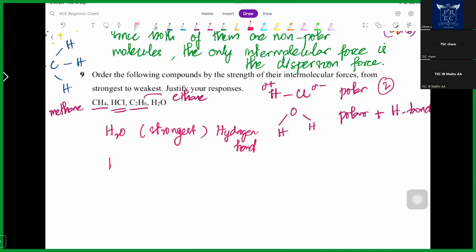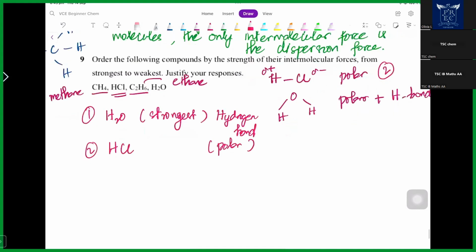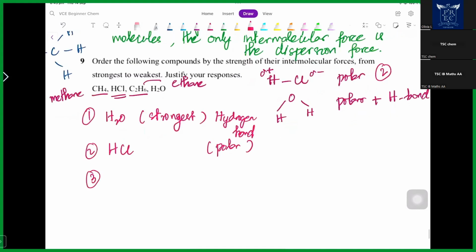Number two will be HCl, which is polar. Now 3 and 4. For 3 and 4, we have C2H6 and CH4. Which one will be in position 3 and which one will be in position 4?